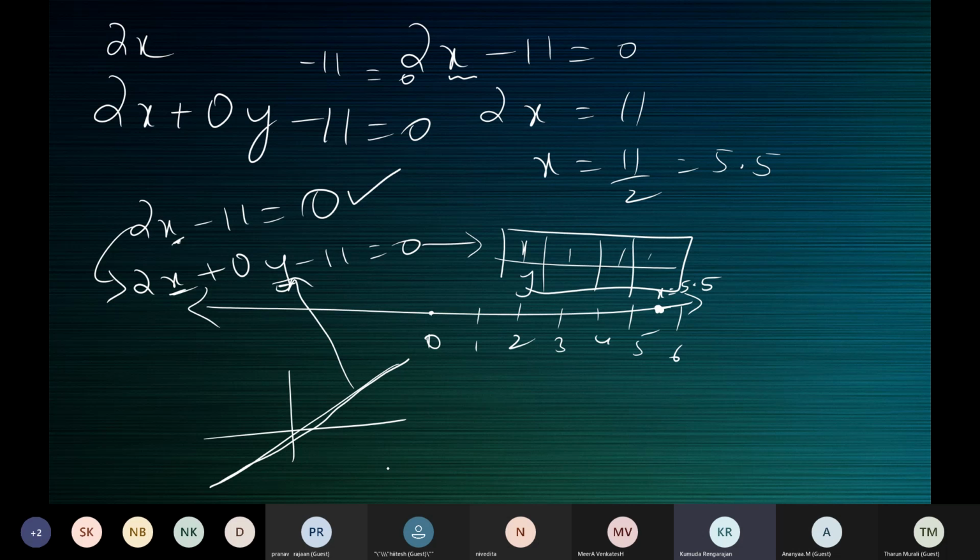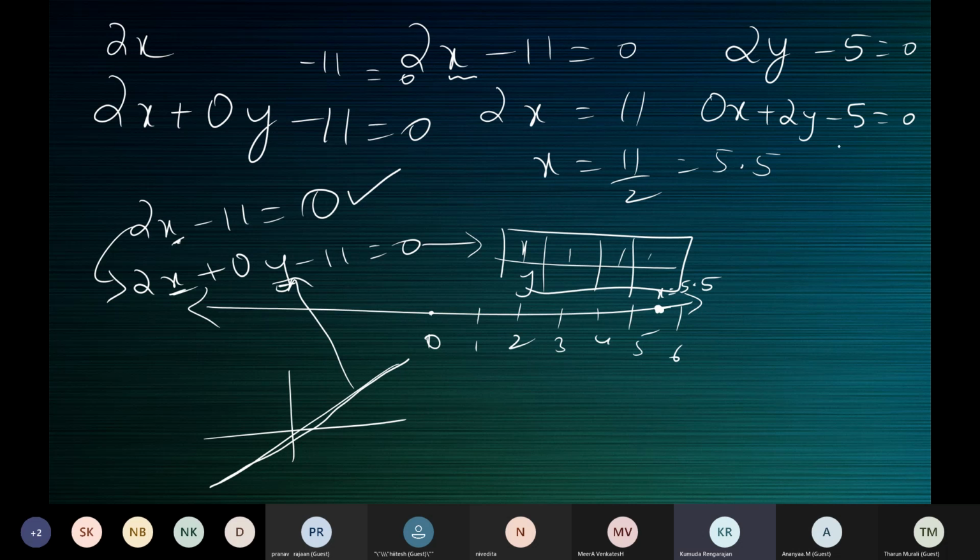If x is missing, if the variable is y and you have 2y minus 5 is equal to 0, then that means 0x plus 2y minus 5 is equal to 0. Introduce that missing variable using the coefficient 0.